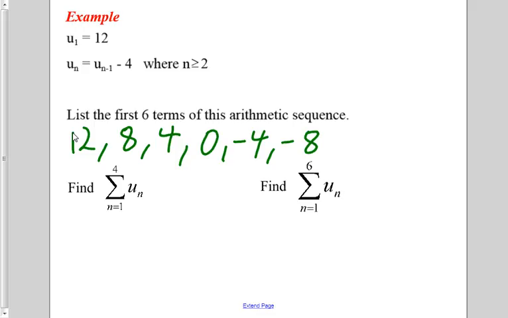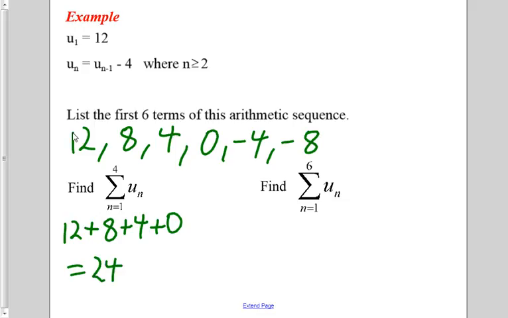Now, it's asking us to find the sum from n equals 1 to n equals 4 of un. So it's in sigma notation now. So that's just n equals 1 plus n equals 2 plus n equals 3 plus n equals 4. Add all that together and it's just 24.